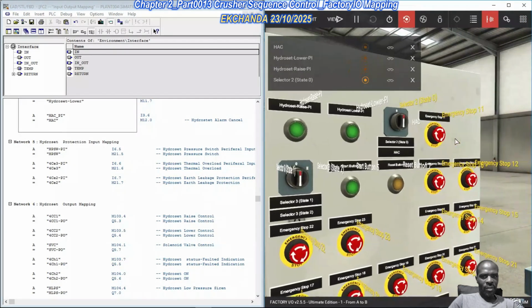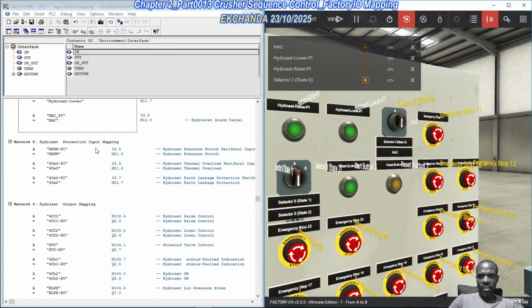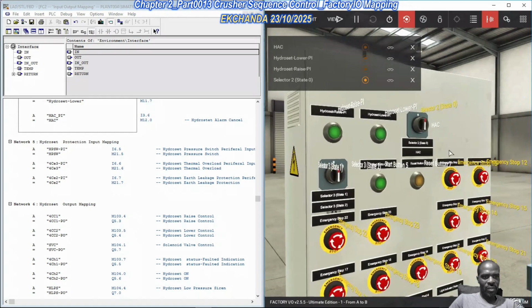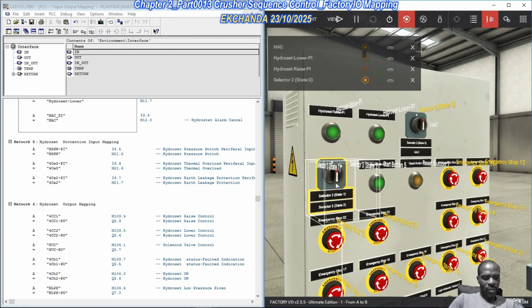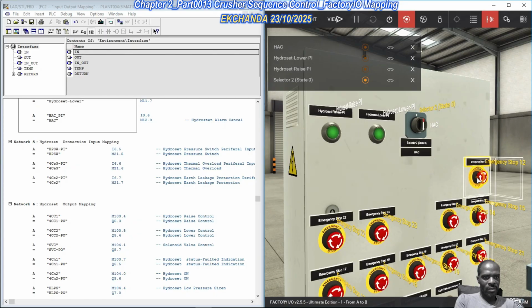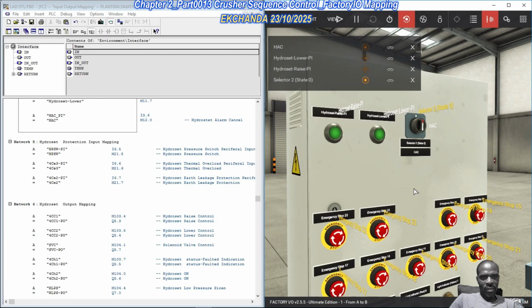Then of course we're talking about the protection inputs. Okay, so let's get rid of this one so that we put all the protection inputs in one single line. We don't need this selector switch, we don't need this, we don't need that, we don't need this, we don't need that, but rather protection inputs.